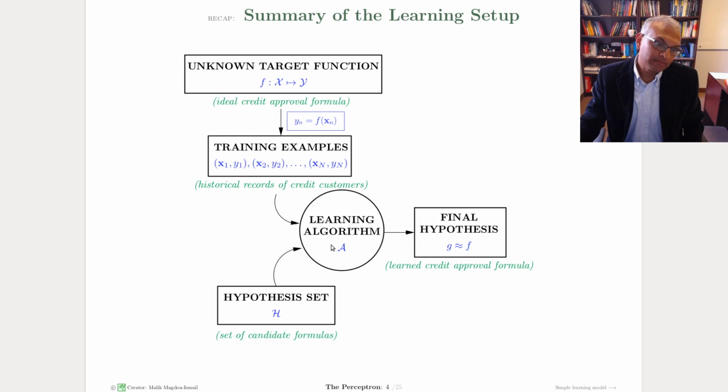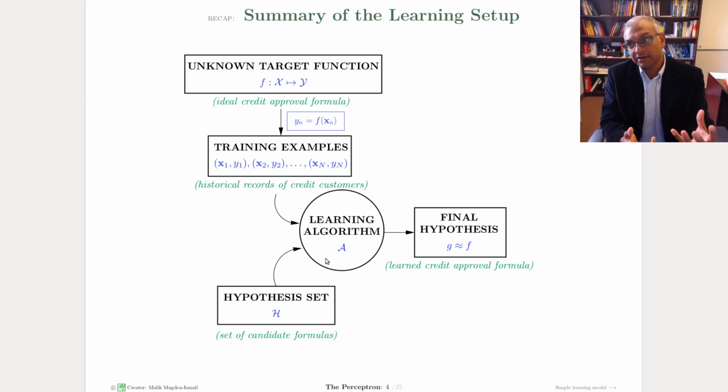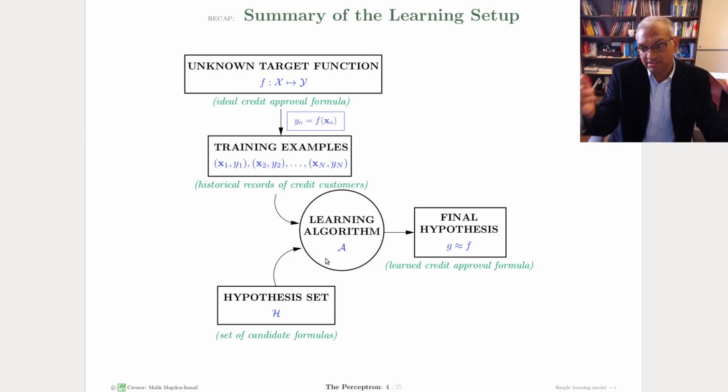Okay. The second thing that the learning algorithm has to do is it has to actually go and physically perform that task of picking. So there's a criterion that it's going to use in order to pick, but then it needs to go and implement that criterion and pick the hypothesis that's, let's say, best according to that criterion. So that's an algorithmic issue.